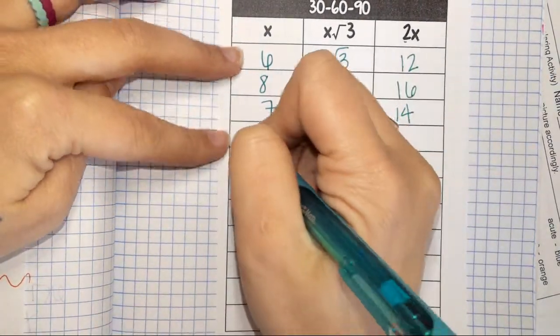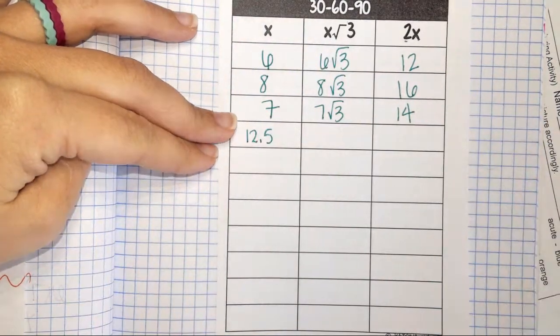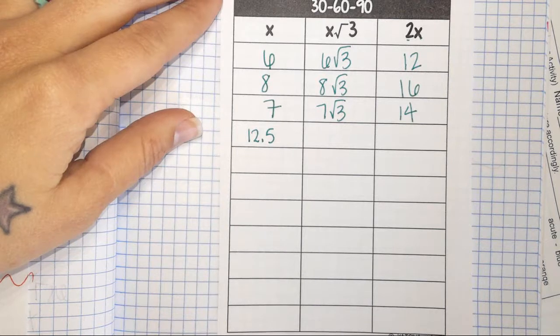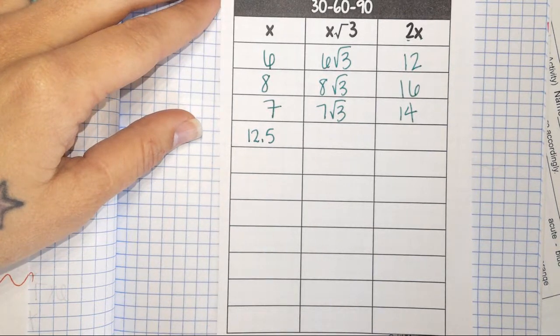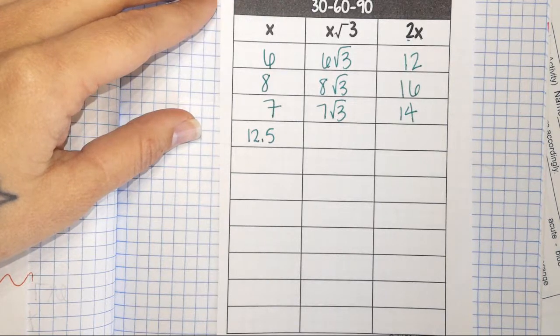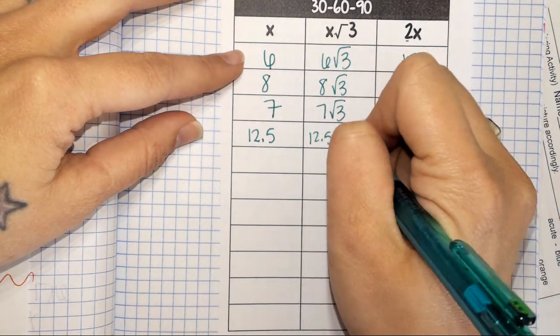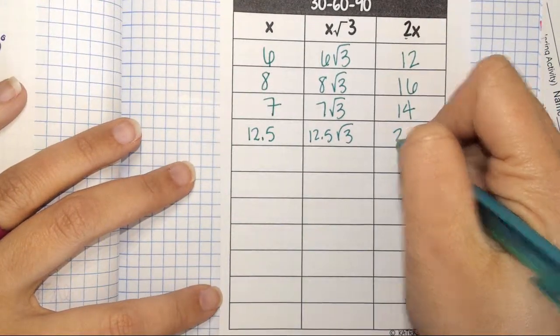Okay, let's see if we can do this. What would my 60-degree side be? 12.5 root 3. And what's my 90?